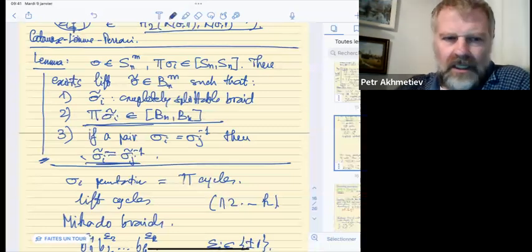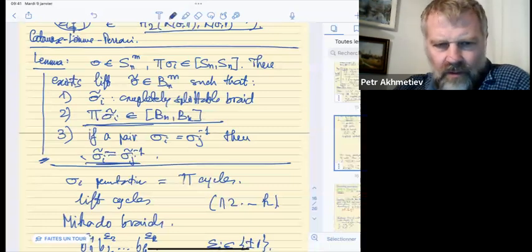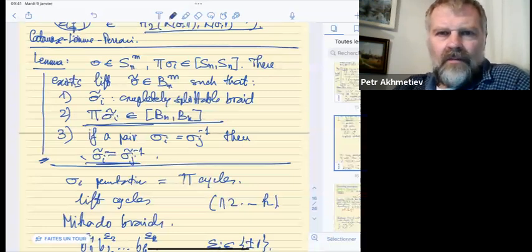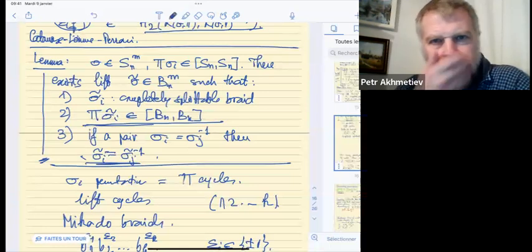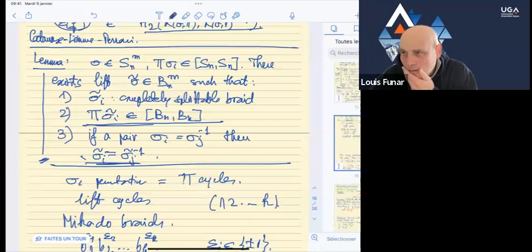So what I understood from you is that you want to take a braid and look at whether that braid extends to a part of a PL flat surface over the disk.